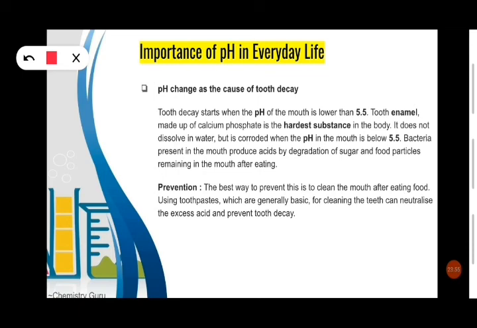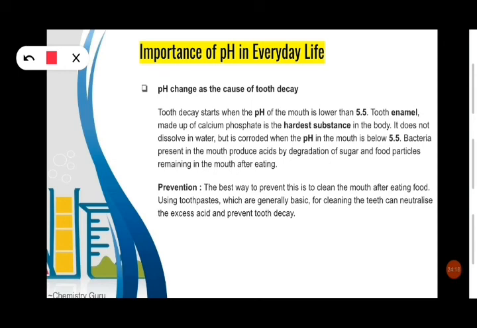Now what is the prevention for this? The best way to prevent this is to clean the mouth after eating food using toothpaste, which is generally basic. So again, wherever there is excess of acid, either in our stomach or in this case, we are just neutralizing the effect.